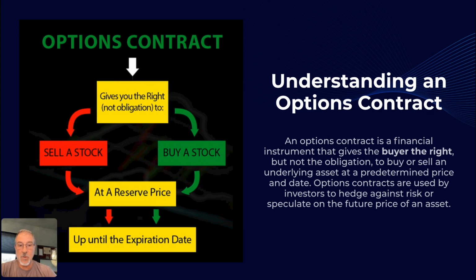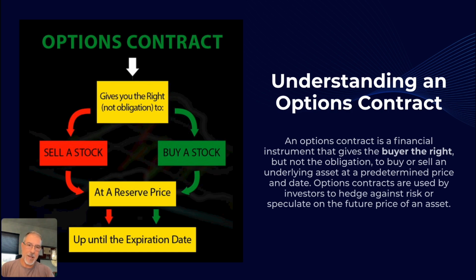Hedging against risk, and why options really originally came to be, is because that's a way people can buy insurance on positions that they hold. If I'm a long-term investor and I've built up a significant amount of assets, possibly in a retirement account, and I feel there might be some volatility or a sell-off coming up, I can buy put options.